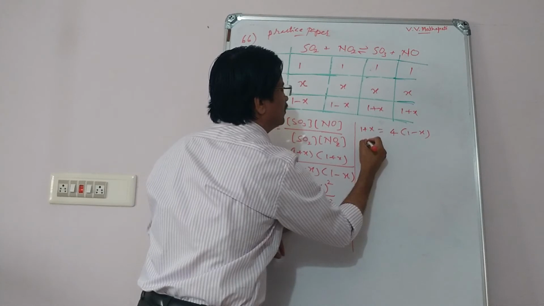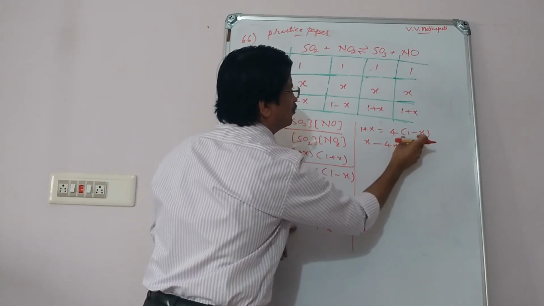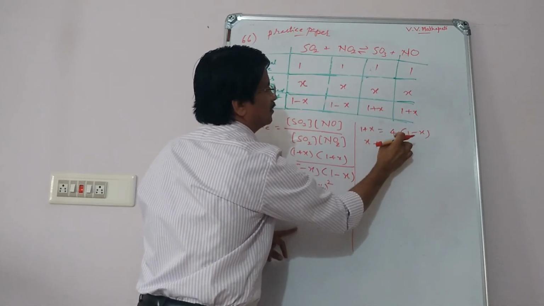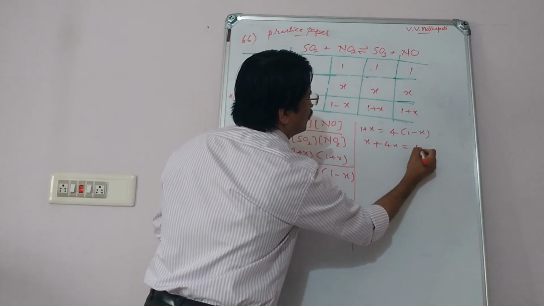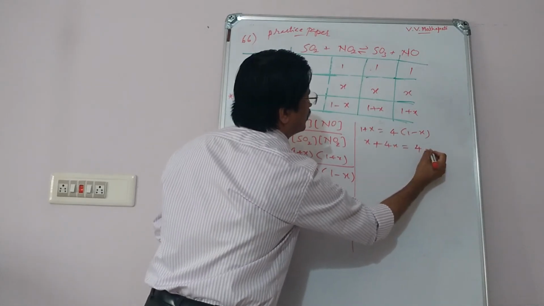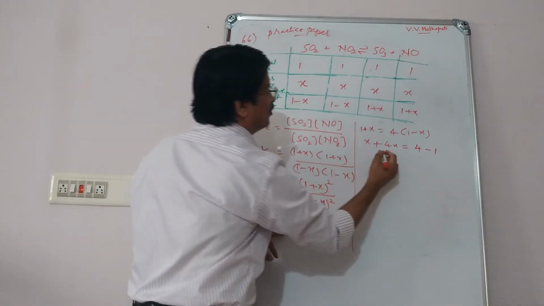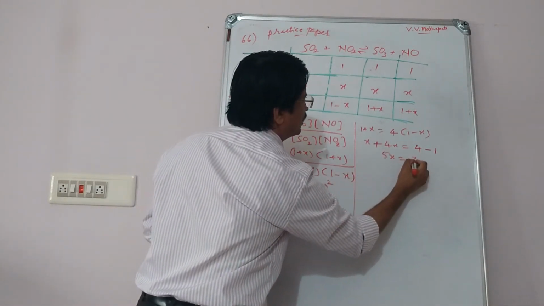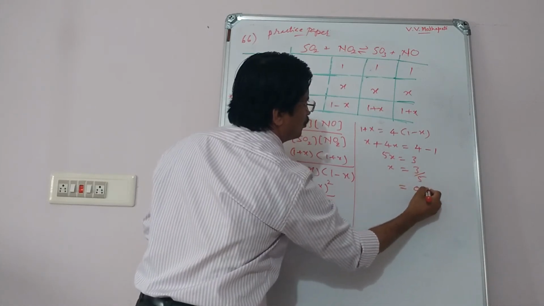Then x minus 4x equals minus... taking 4x to this side and 1 to the other side, 4 into 1 is 4, so 5x equals 3, x equals 3 by 5, which is 0.6.